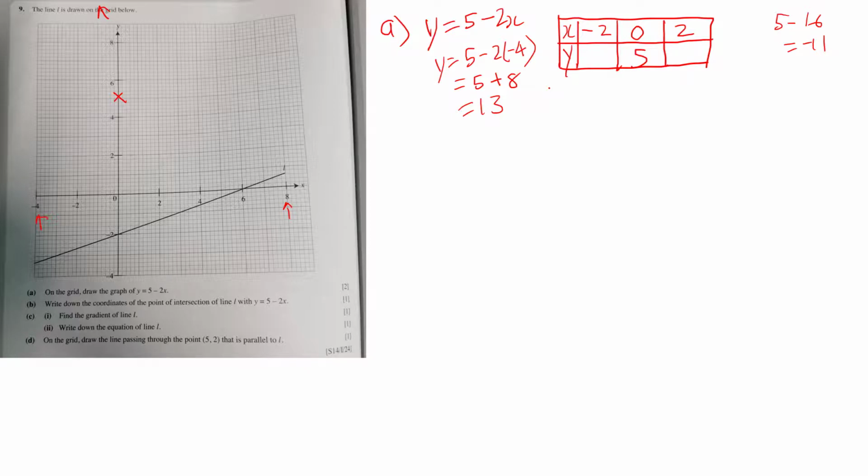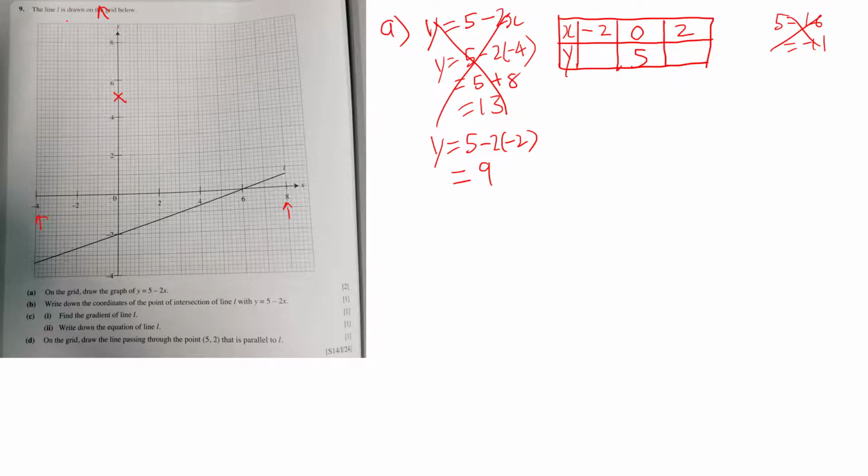So instead of having -4, let me just cancel this away and cancel this away. Now I want to try y is equals to 5 minus 2 times -2. So over here I will have 9. 9 is also quite big, but luckily it is enough.